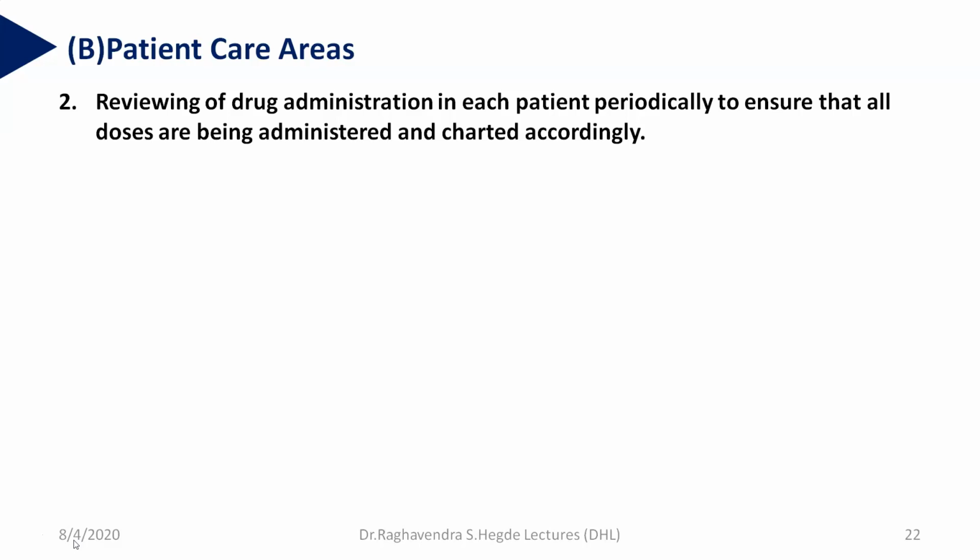So we follow the 5R principles, which will be told to you later. Whenever you speak about rationality, you speak about administration techniques. You speak about transcribing errors, which will be told to you in coming slides. The dosage, how much dose is administered, and the administration route have to be properly written in the chart.